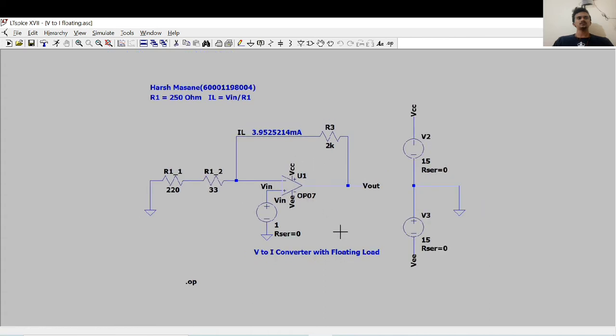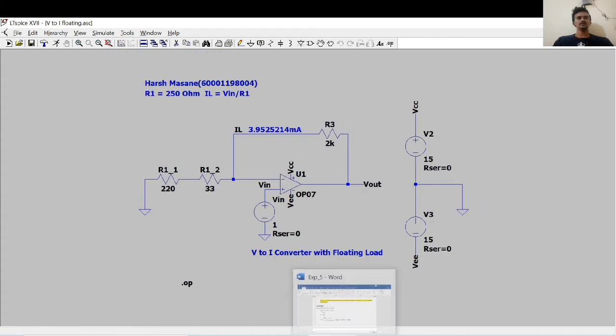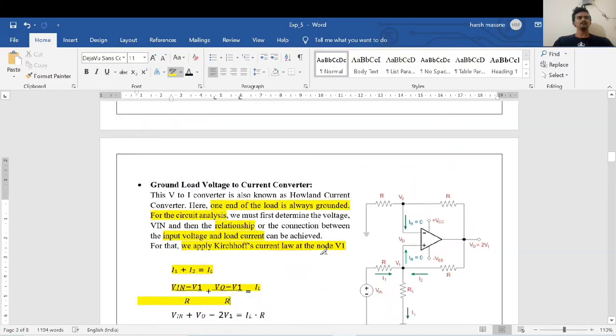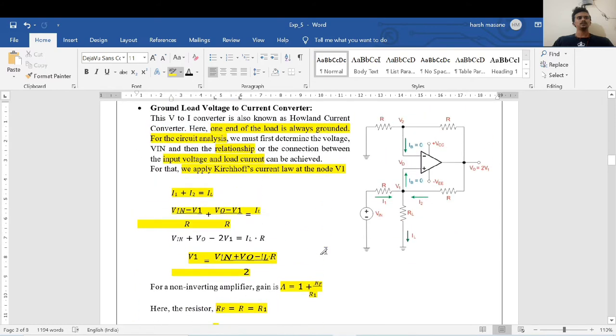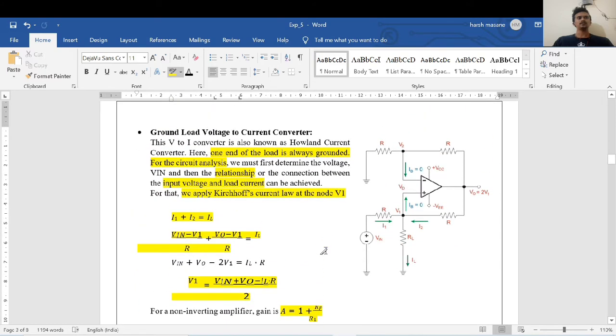Now let's move to the next circuit, that is the grounded load voltage to current converter. As the name suggests, the load resistor is always connected to the ground.